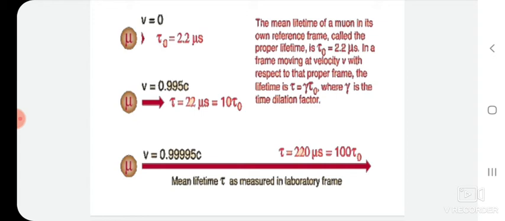It means the lifetime of the muon as measured in the laboratory frame changes with respect to the speed of that frame. As velocity changes, simultaneously our time is affected. That's why this kind of phenomenon can occur only in relativistic cases.